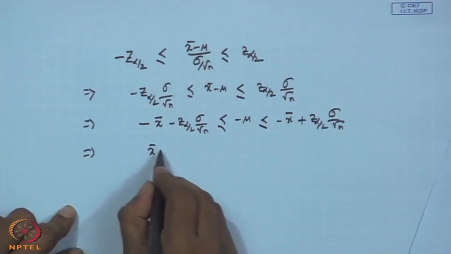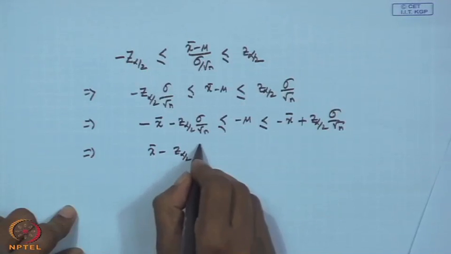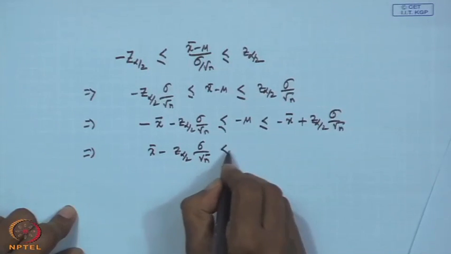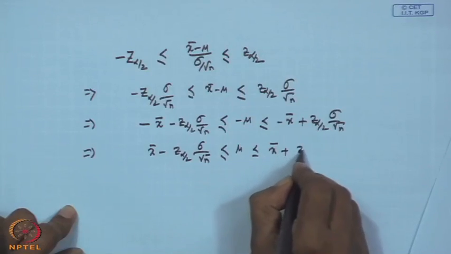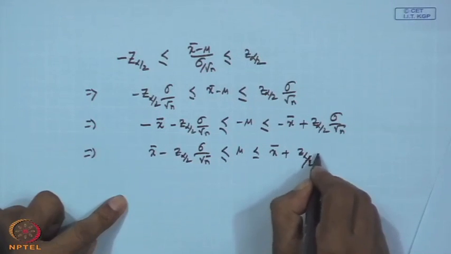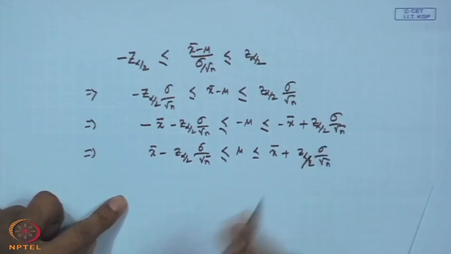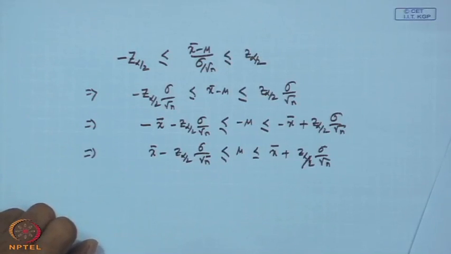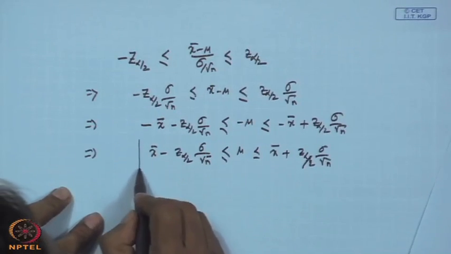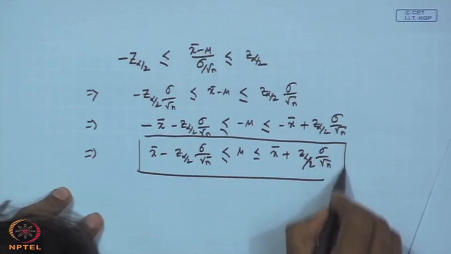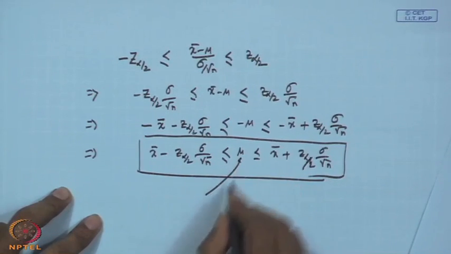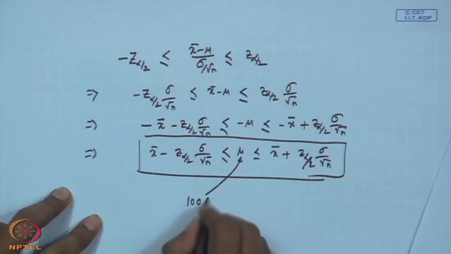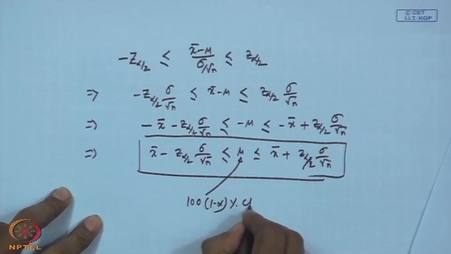What will happen? X bar minus z alpha by 2 sigma by root n less than equal to mu less than equal to x bar plus z alpha by 2 sigma by root n. So, this is the confidence interval, the 100 into 1 minus alpha percent CI for mu.